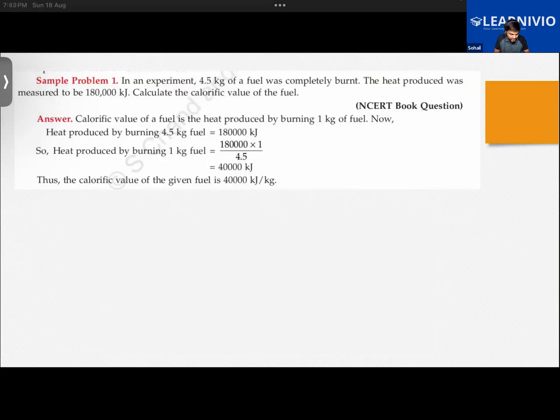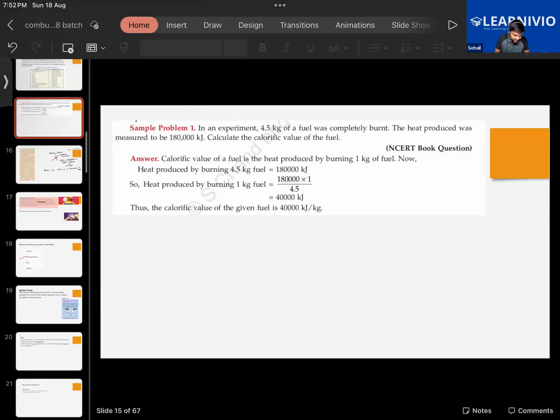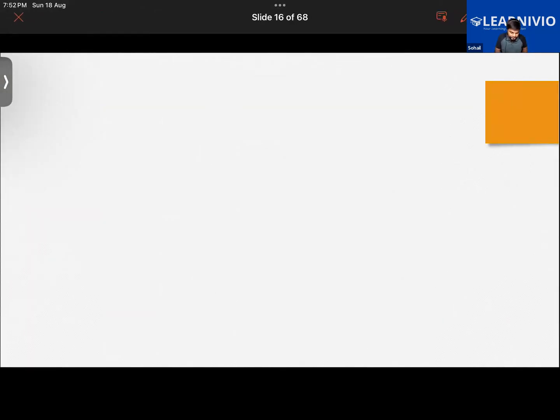Okay. Now say that you are required to find the calorific value of a given fuel.